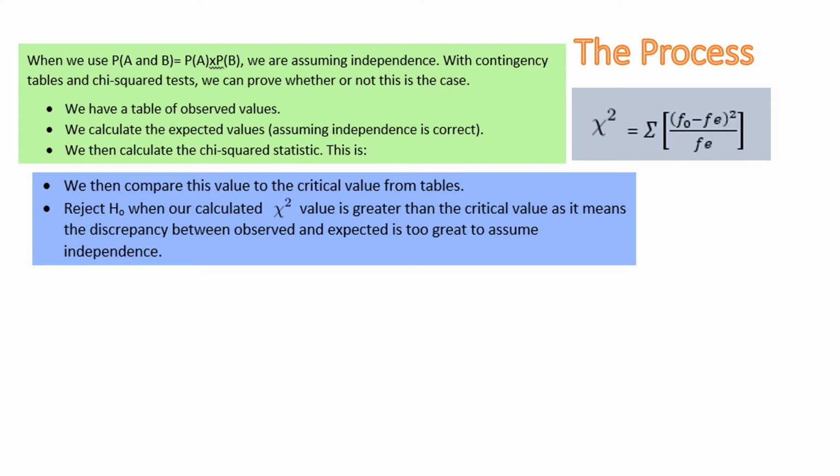So in other words, if they are quite different, then we can't be assuming that the two variables are independent. So we reject H0, we reject the assumption of independence if our value is greater than the critical value.